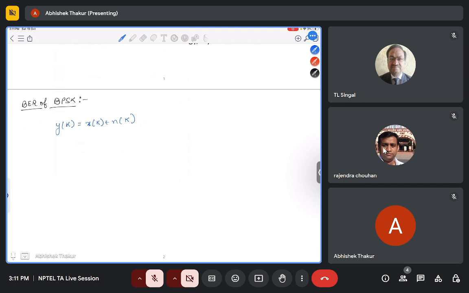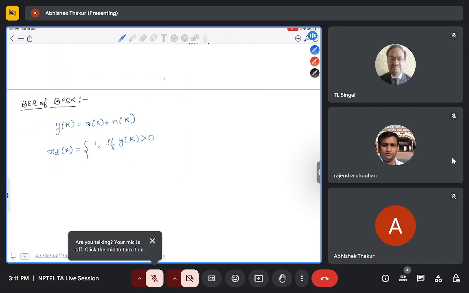If Xk is equal to 1, when Yk is greater than 0 at the receiver end, then it denotes that the received symbol is 1. If it is 0, it denotes the received symbol is 0 when Yk is negative, that is less than 0.